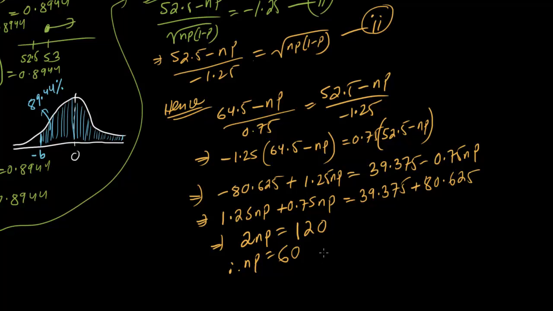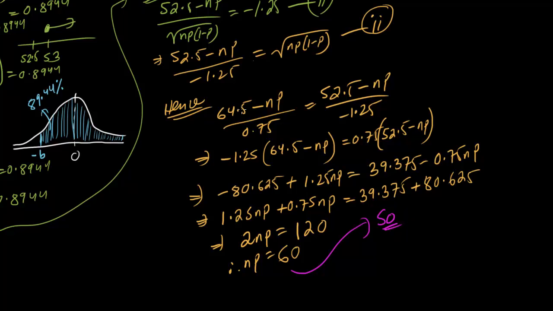So what we can do from here is put the value of NP in one of the equations, so we can find the value of P. Let's put this in equation 1.